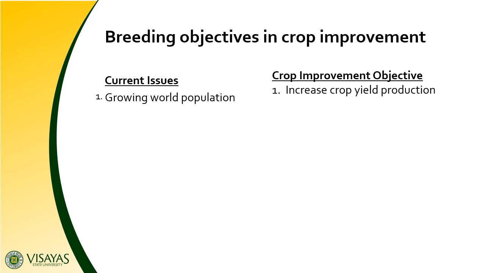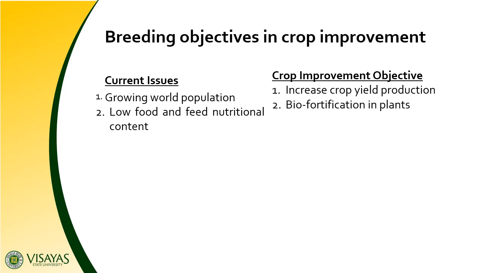So we have to increase crop yield production as one of the crop improvement objectives. The next, low food and feed nutritional content. To combat this issue, you have biofortification in plants to improve the nutritional contents of food and feeds.